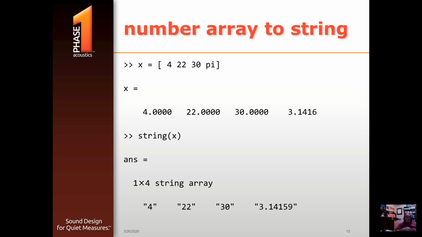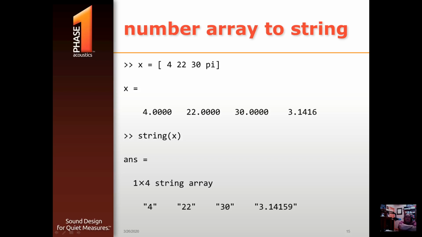If I pass the x variable into the string function, it returns a string for each element of the numerical array. I know you immediately thought, why did that happen? Because a string has a size of 1.